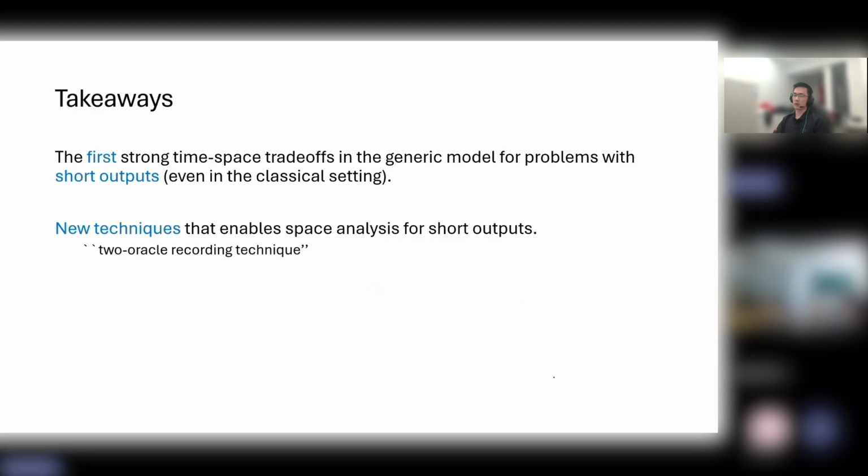So the main takeaway of this paper is that we construct a strong time-space trade-off for the short output problem in the random oracle model, both in the quantum and classical setting. And this new technique of oracle recording is very useful for doing this reduction.